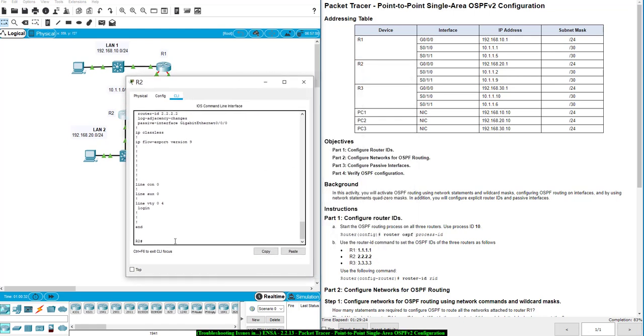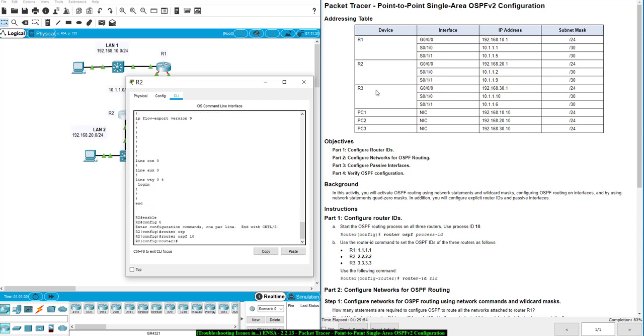All right, and same thing as router 1. Let's go to enable and then config terminal to go to global config mode. And now I want to go to router OSPF 10. All right, so we're down there. Same thing as being down here, right?